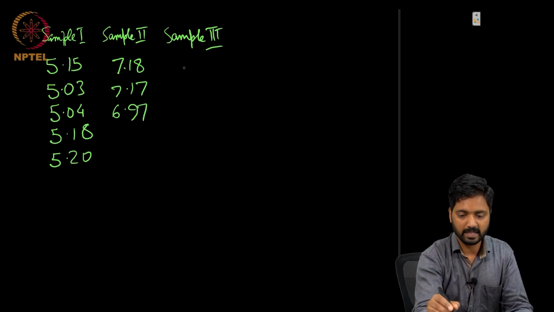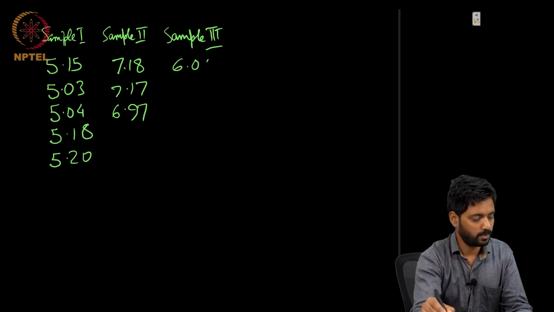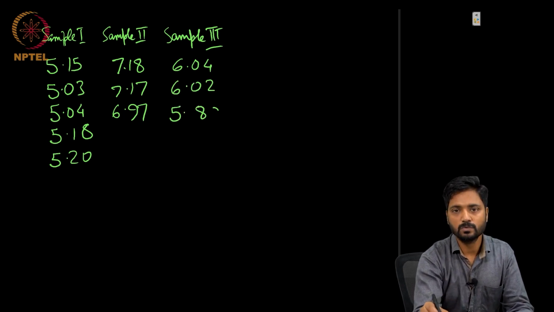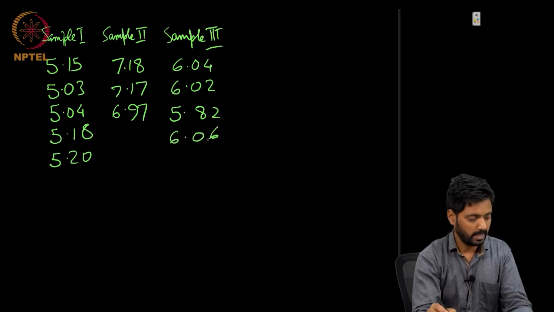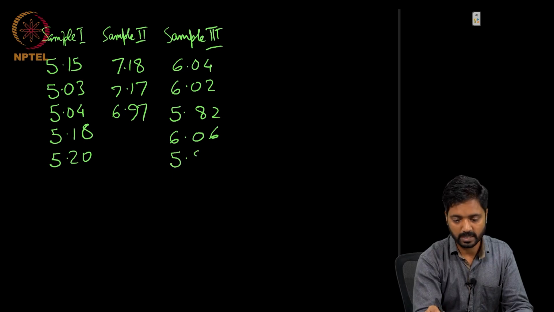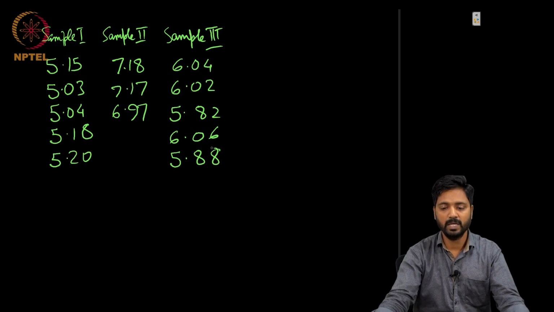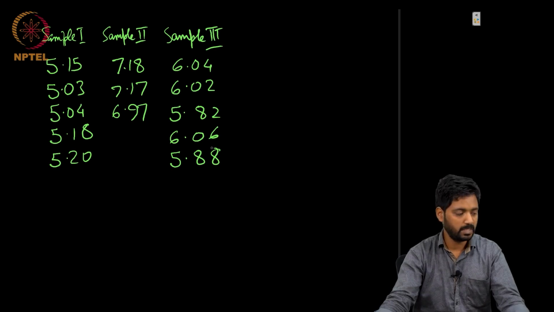Similarly, sample 3 again has 5 readings as 6.04, 6.02, 5.82, 6.06 and 5.88. Now, these 3 samples have been obtained from the same population, so we need to pool this data, and I will now explain to you how this is to be done.